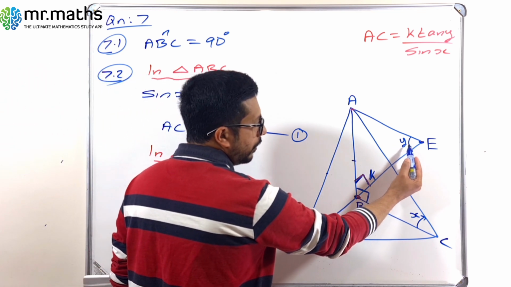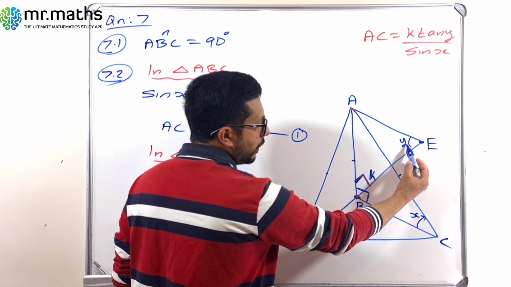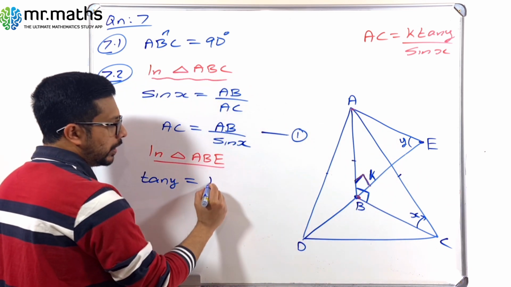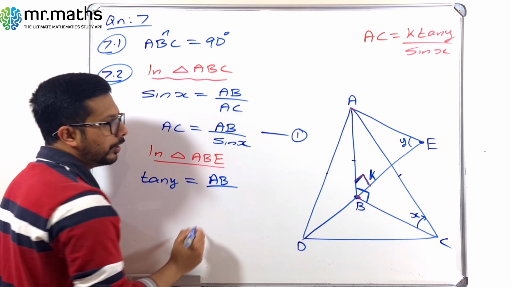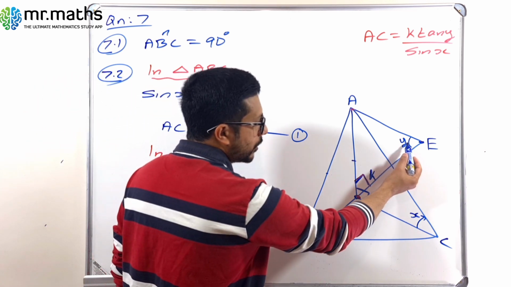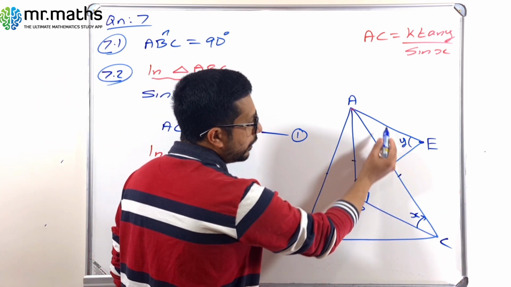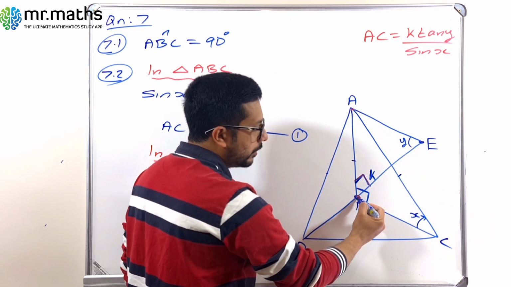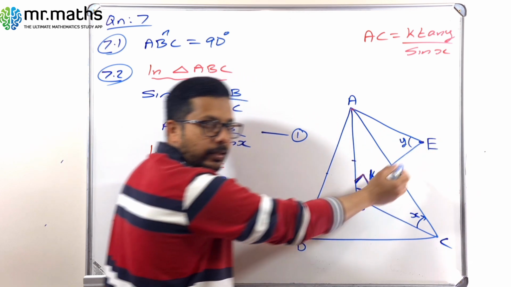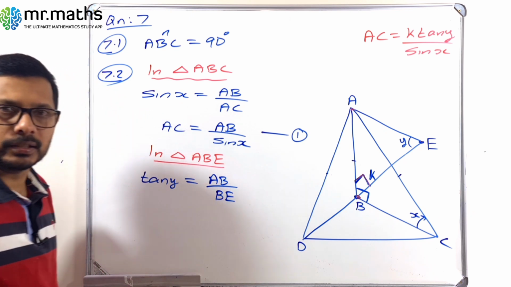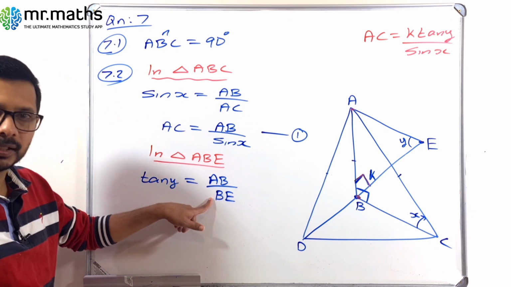So here, based on this angle, what is the opposite side? AB. So AB divided by the adjacent side. What is the adjacent side? This is 90 degrees, so that can't be adjacent, that is the hypotenuse. So which one is the adjacent side? BE. So BE is the adjacent side, opposite side by adjacent side.